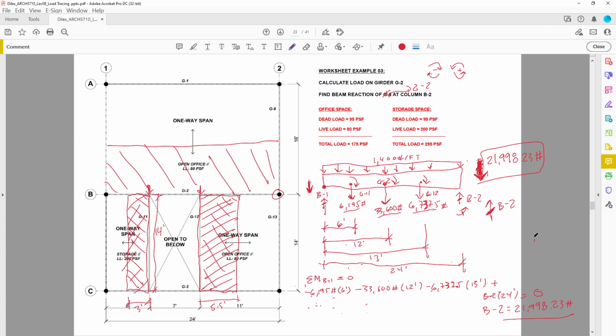And that would just be us writing the sum of the forces in y equals 0 and figuring that out. So let's move on to our next example. But this one's tricky. This one was trickier because we had to do a moment equation.